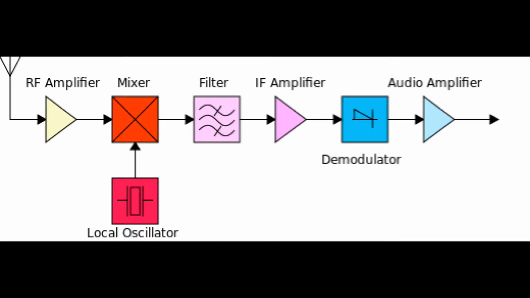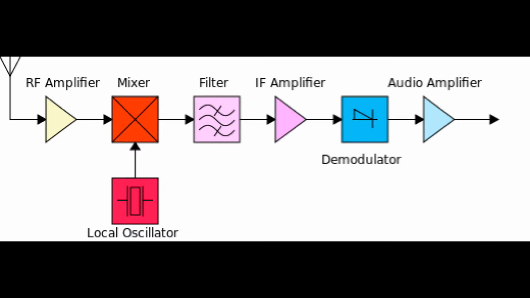After that, it is fed to the filter, where it is tuned so that we only get the frequencies that we want. And then it is fed to the IF amplifier, where the intermediate frequencies are amplified.